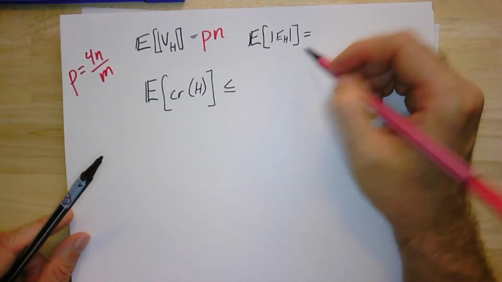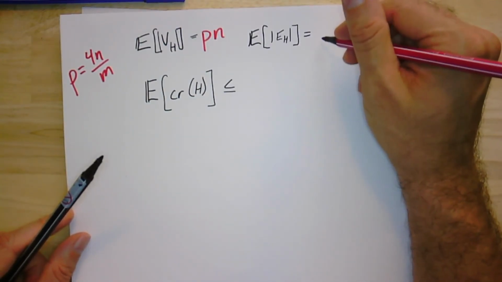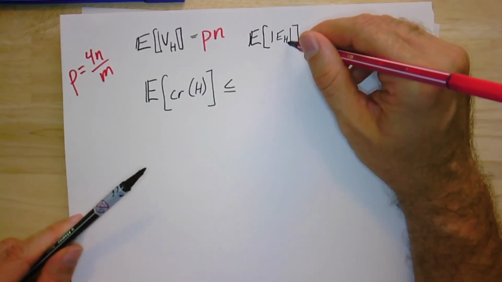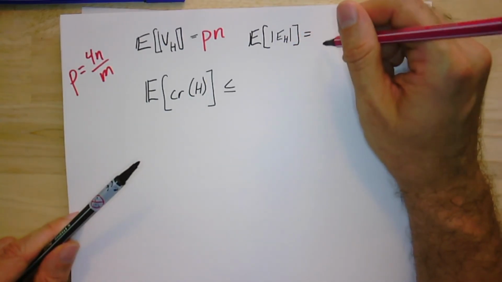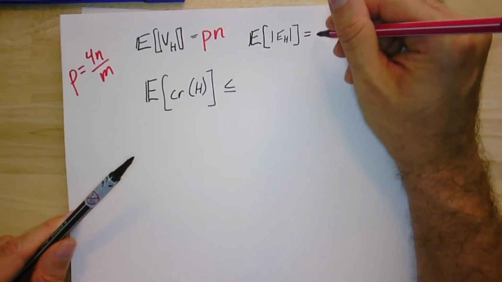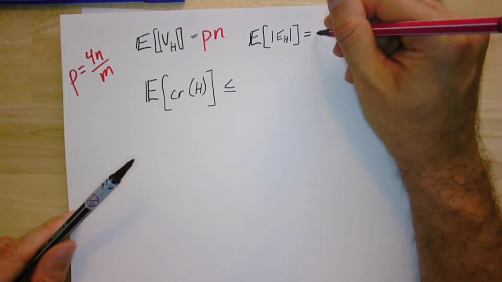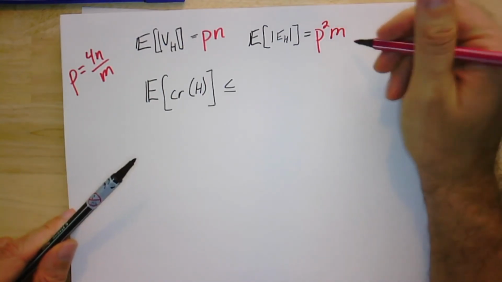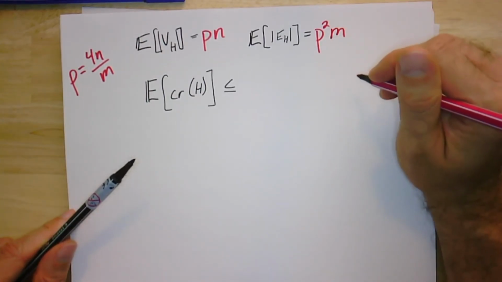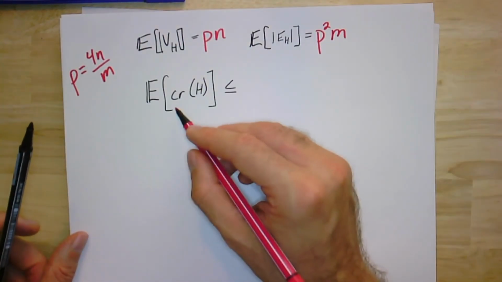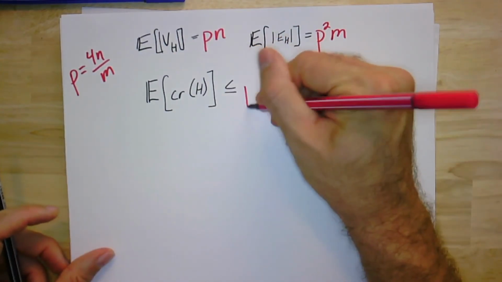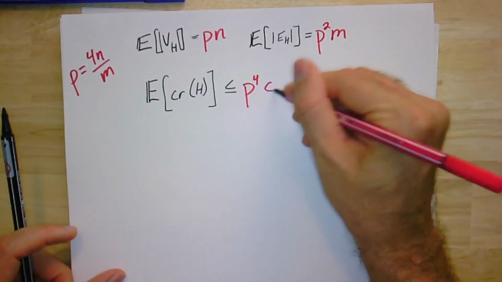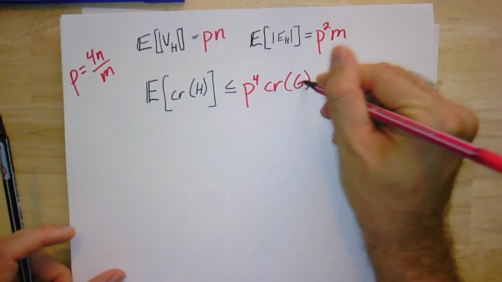Now, the expected number of edges: every edge in G will continue to be in H if and only if we kept both ends. And since we kept each vertex with probability p, independently, this is going to be p squared times m. So for each edge, we look at the probability that we kept both ends. Now, the expected number of crossings is going to be p to the fourth times the crossing number of G. Why is that?